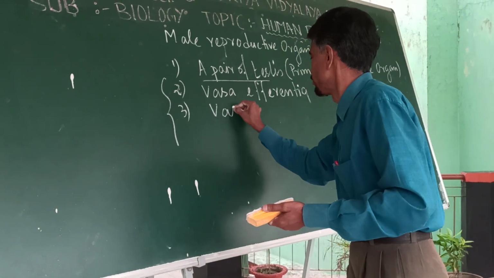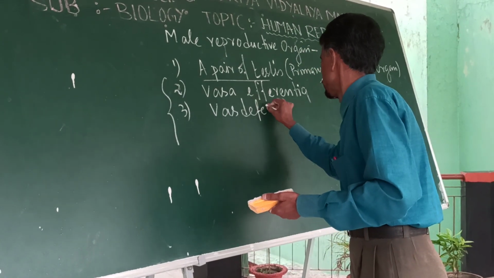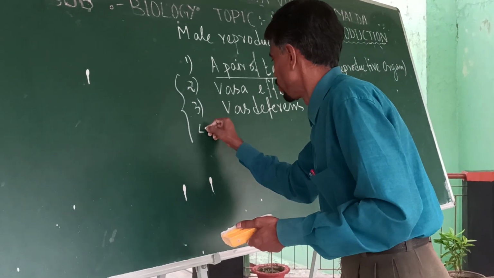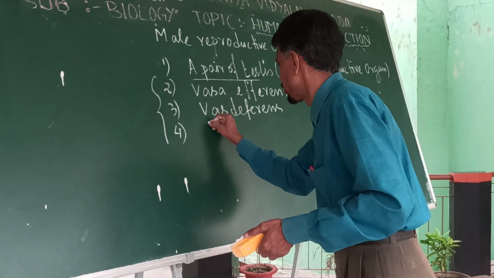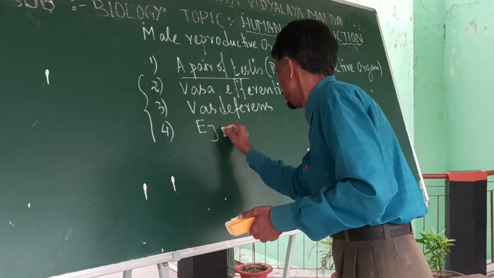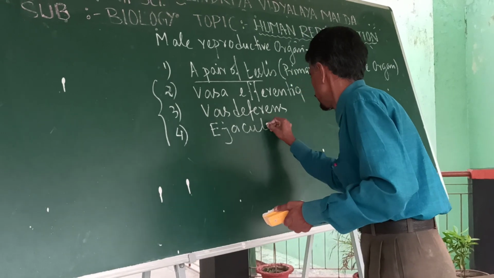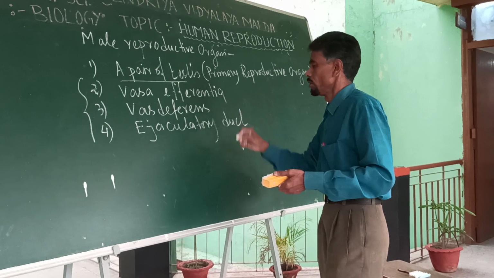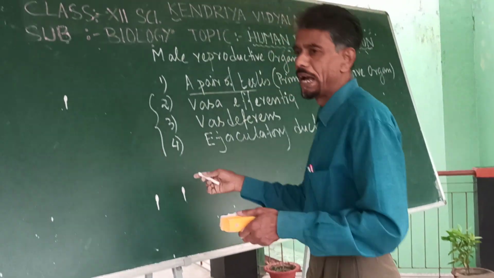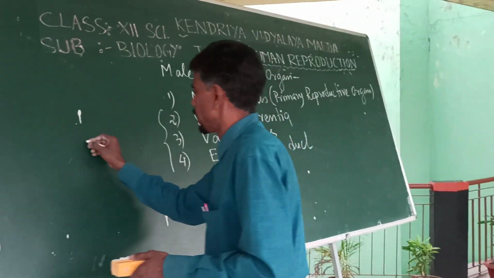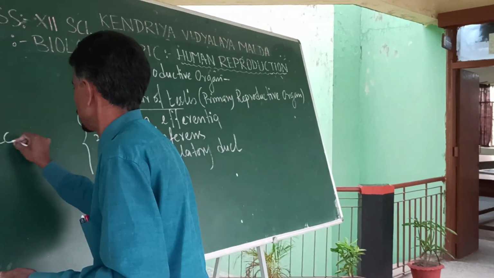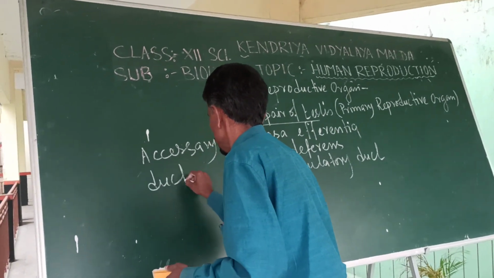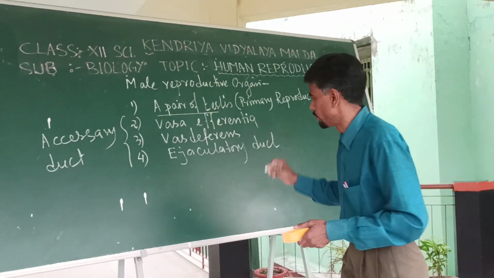Vas deferens, fourth, ejaculatory duct. Apart from that, we have epididymis. So these are the accessory ducts, which help for the process of reproduction.